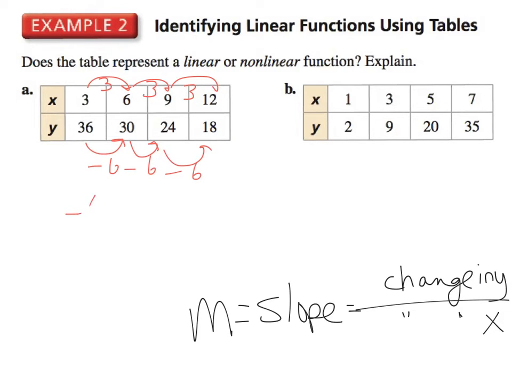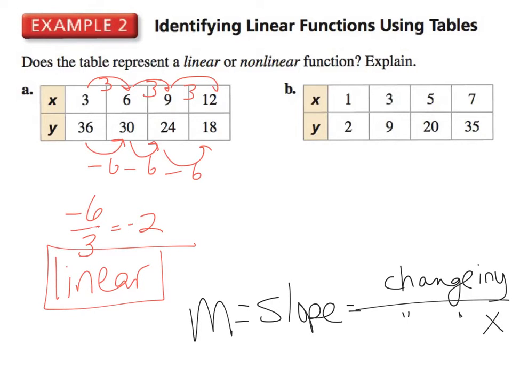Therefore, if you did this for every value, your slope is the same each time. Let's try that again. Change in y divided by change in x is -6 divided by 3, which gives us -2. Therefore, this one is linear, and the reason is because it has a constant rate of change.